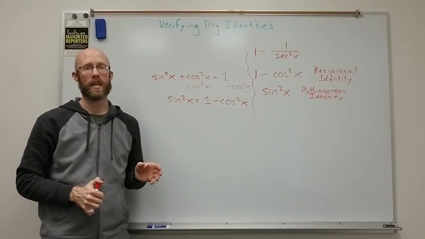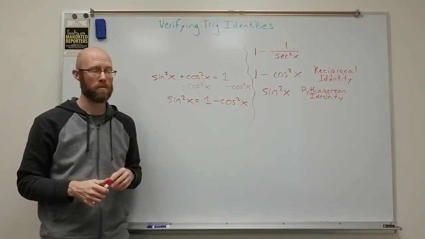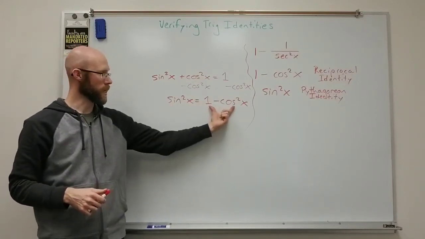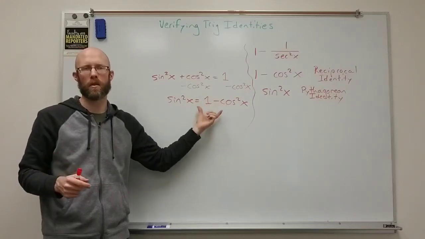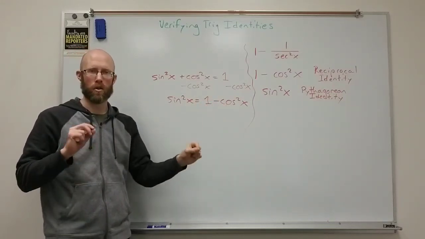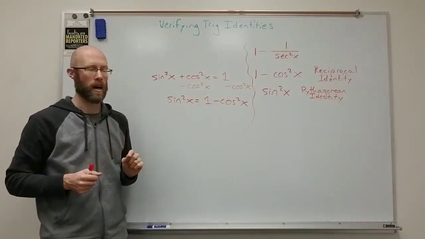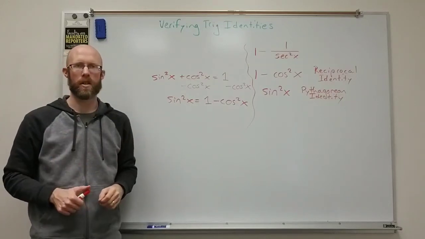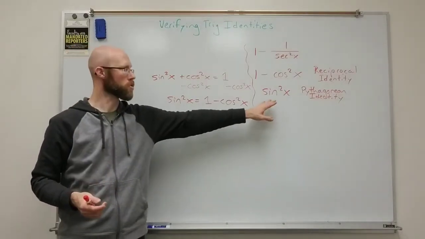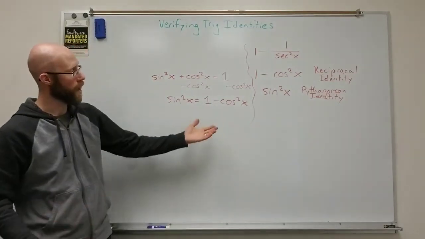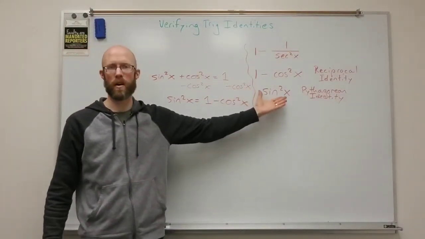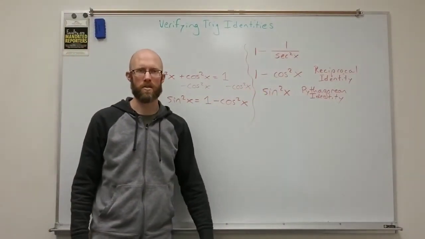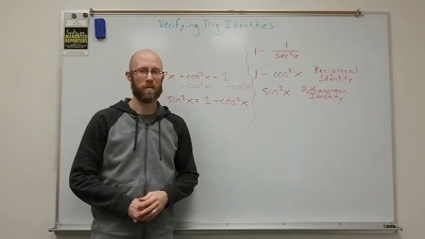Any of these identities can be written in alternative forms, particularly the Pythagorean identities. You could move things around the equal sign and just get slight variations that are equivalent. So you can just use Pythagorean identity here. This is as simple as it gets, right? Sine squared, you can't really get any simpler than that, so that would be your final simplified form.